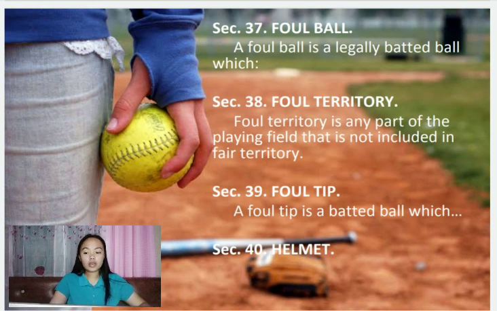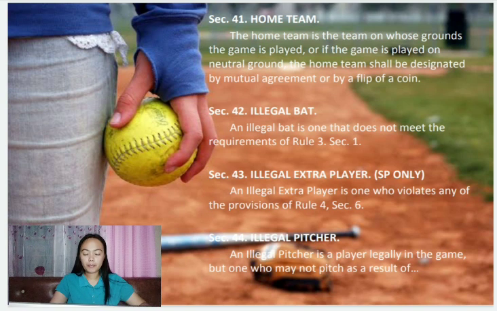Next is section 41, the home team. Ang home team is a team on whose grounds the game is played, or if the game is played on neutral ground, the home team shall be designated by mutual agreement or by flip of the coin.